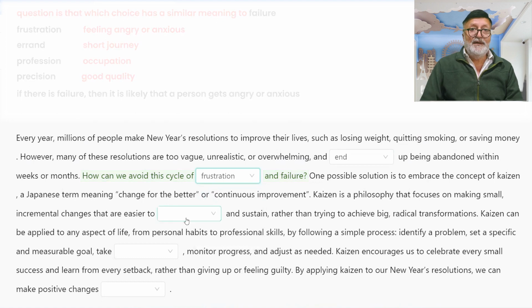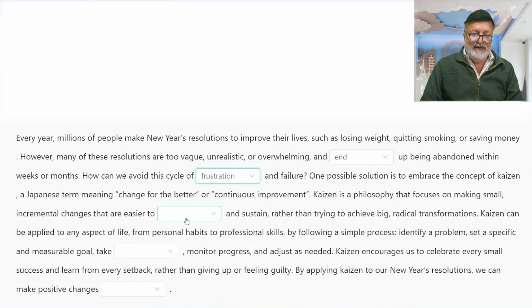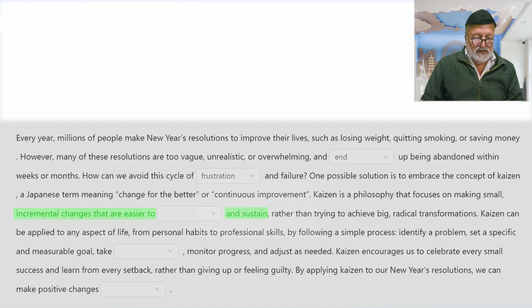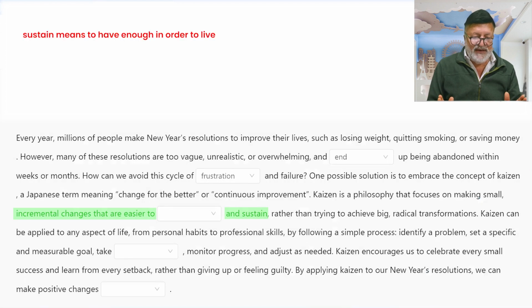Now, in the third blank, let us start reading from "incremental changes that are easier to dash and sustain." Once again, the rule regarding blank before and will apply. So sustain means to have enough in order to live. Now let us see the meanings of the four choices.